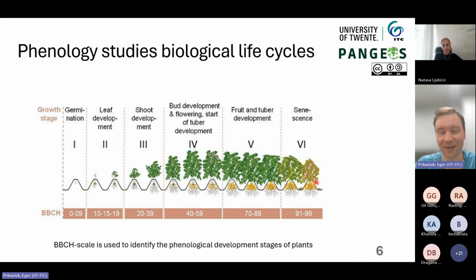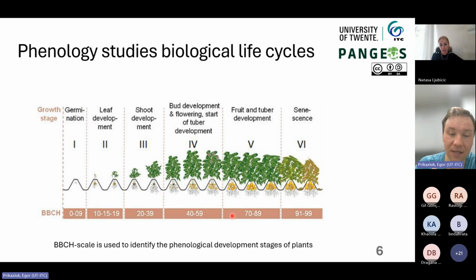This is potato. I'm from the Netherlands, so of course I will give an example of potato. For potato, we harvest not the flowers, but the tubers, the below-ground part. So tuber initiation is important in the phenological development of potato. And later you will see aging, yellowing of leaves, and ultimately the plant is ready for harvest.